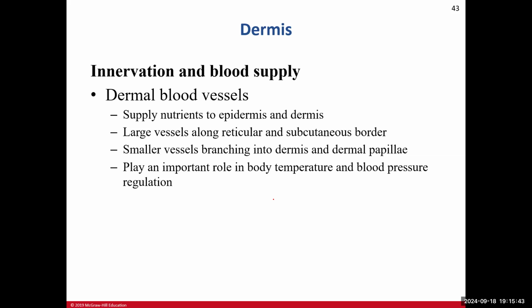So think smaller vessels more towards the surface of the dermis, larger blood vessels more towards the bottom there. And it plays a role because remember, epidermis does not have its own blood supply. So in order to get our nutrients to the epidermis, we need to have a nice supply in that papillary layer there.